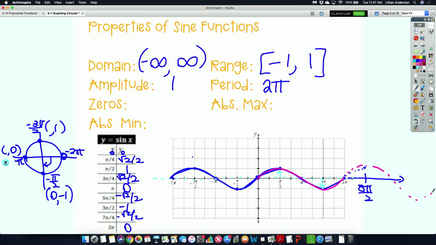Where do your x-intercepts occur here on just this graph that you have right now? 0, pi, 2 pi, negative pi, and negative 2 pi. Gosh, that seems like a pattern or a way I could represent all the x-intercepts in a general sense.